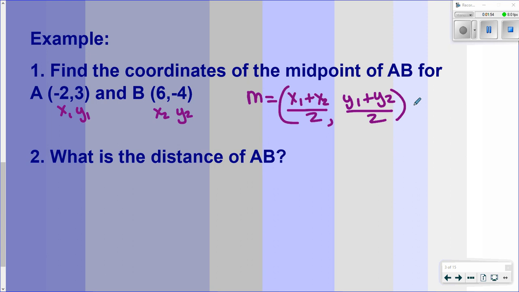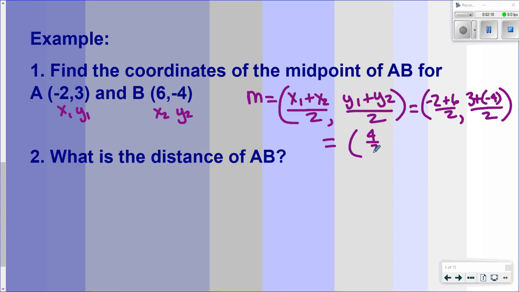So for this one, see if I can try to squeeze this here. So x1, you got negative 2 plus 6 over 2. And then for y, we got 3 plus negative 4 over 2. And then I need to simplify.